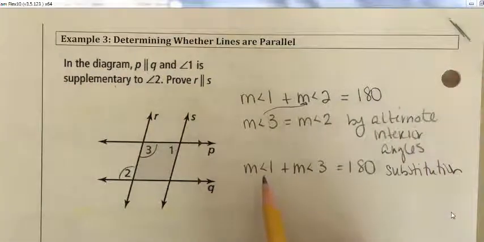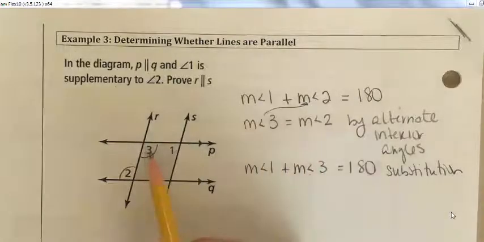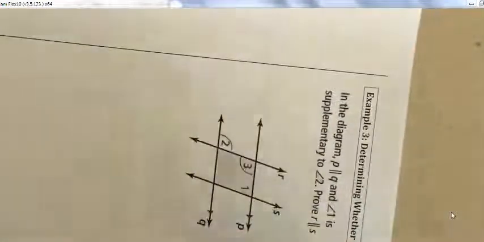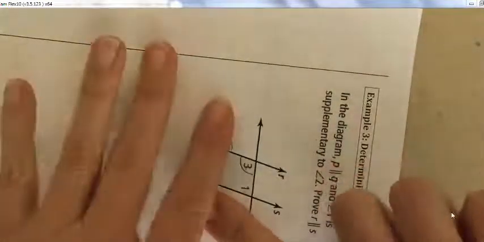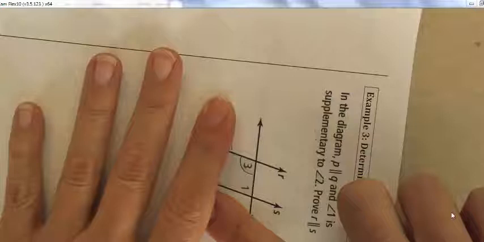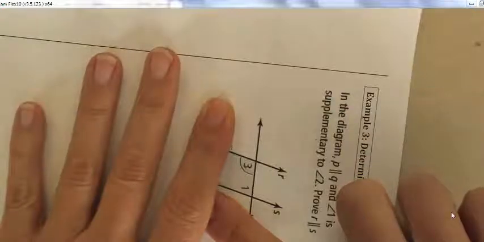Well, hold on a second now. If angle 1 plus angle 3, if those add up to 180, then that means that these two are supplementary. And if these two angles here are supplementary, I'm going to turn it on its side here. I'm going to ignore all the rest of this. Well, angle 3 and angle 1 are consecutive interior angles.